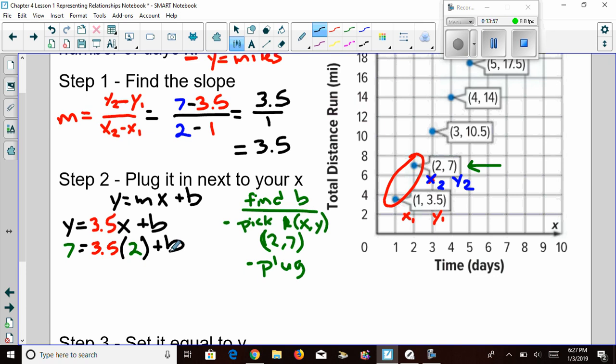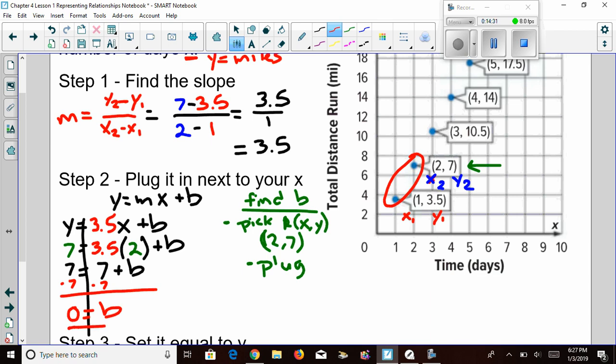So let's go ahead and simplify this so that we can figure out what is that b. We're going to solve an equation. Well, I can find that 3.5 times 2 is 7. To get b by itself, I'm going to need to subtract 7 on each side and find that b is equal to 0.